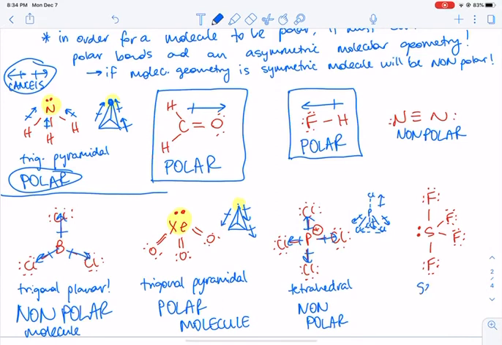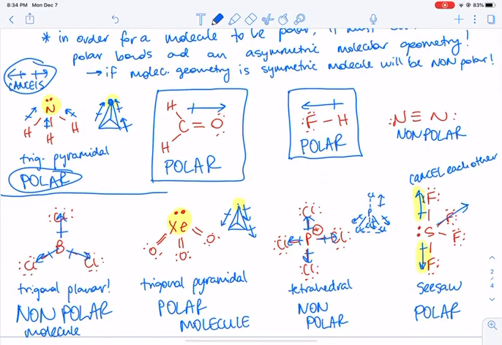Here we have a seesaw molecular geometry. This is asymmetric with respect to the central atom, so it is considered polar. Now look at this though. These two dipole moments, they cancel out. Cancel each other. It's like adding a negative number and a positive number, so they don't even affect the molecule.